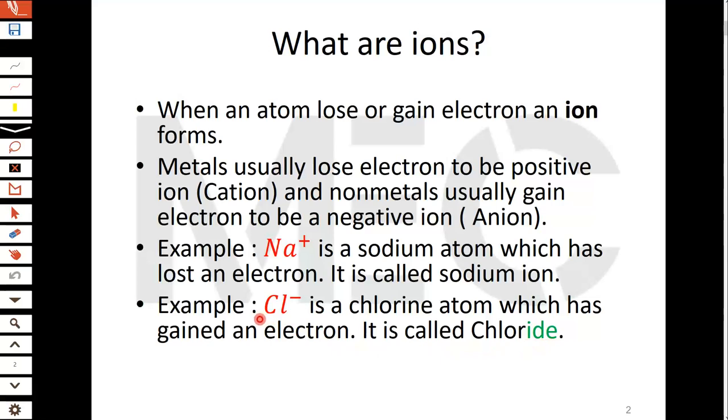The name of the element is chlorine, but -ide is added, so the name changes to chloride. This is how we name anions. An -ide will be added at the end, but in the case of cations, nothing changes. We just call it sodium ion. Okay.